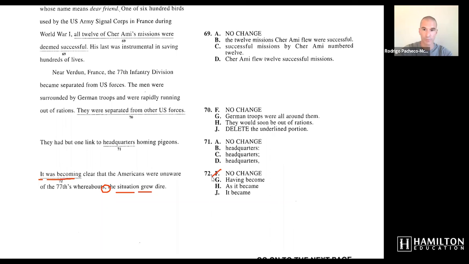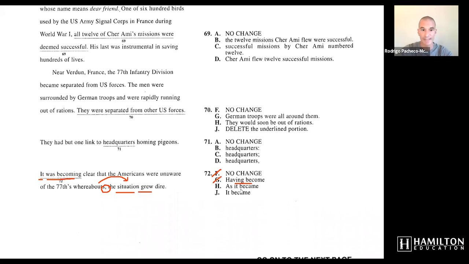So we can rule out F. G, having become clear that the Americans were unaware of the 77th's whereabouts. This doesn't quite work because having become is not a conjugated verb. We don't have a clause with G. What we have is a participle, and a participle phrase that is typically used to describe the subject. But this doesn't quite work, so we can rule out G.